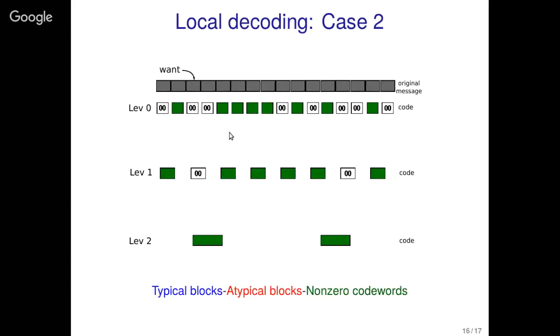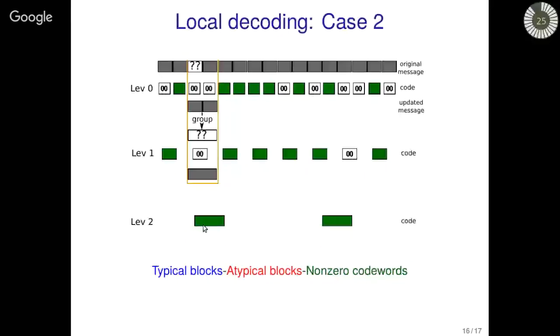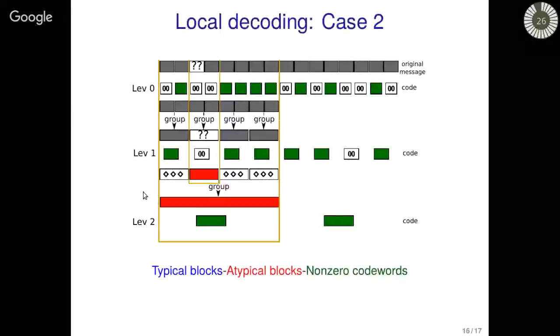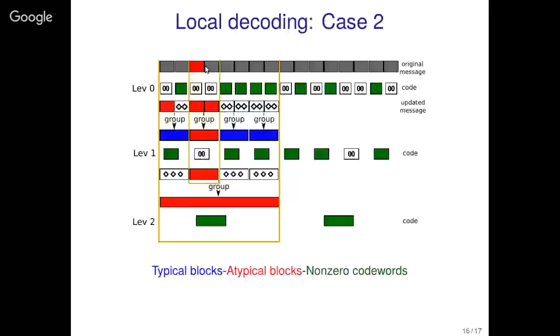Now you look at the level 2 code word. Is this 0 or non-zero? This is non-zero, and therefore we can obtain information about this entire neighborhood, and ultimately recover the symbol that we were basically interested in.